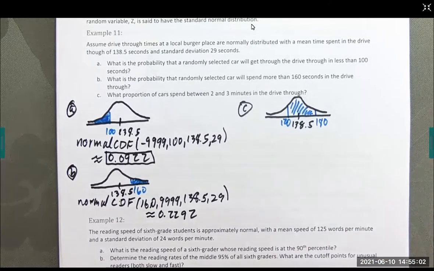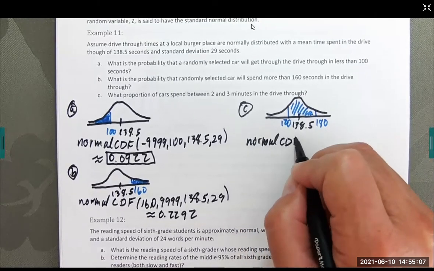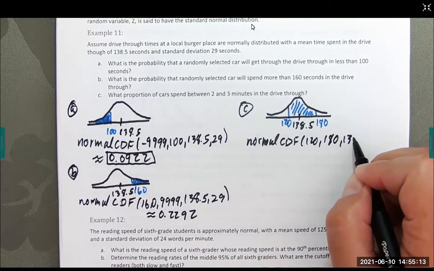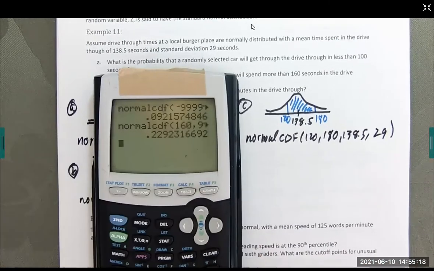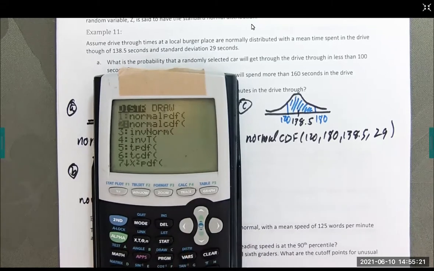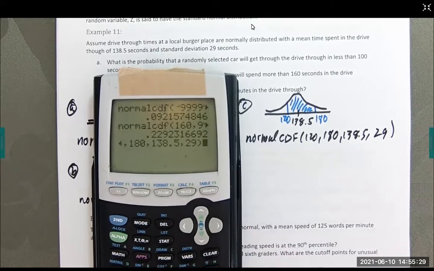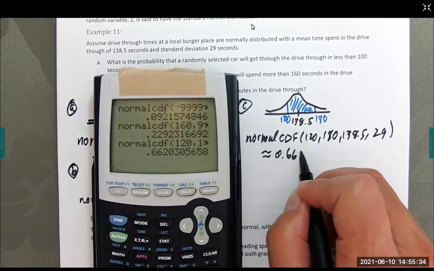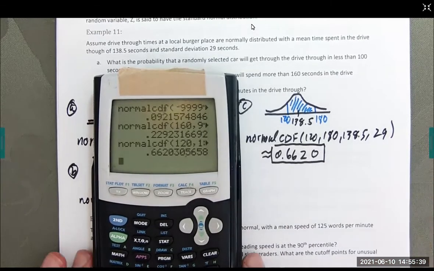This will be normal CDF, 120 to 180, 138.5, and 29. And those are still the same. So a much better chance that you'll be between 2 and 3 minutes.